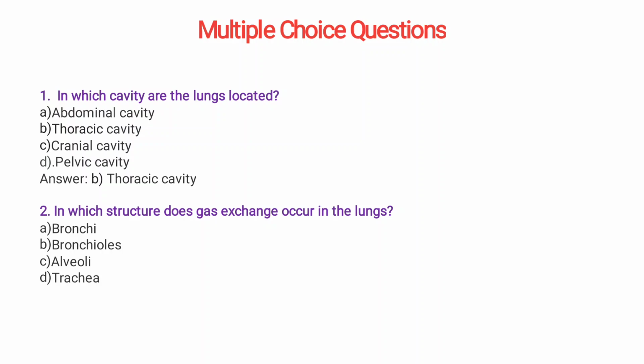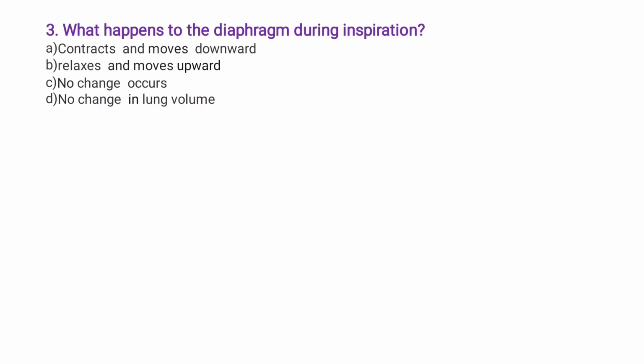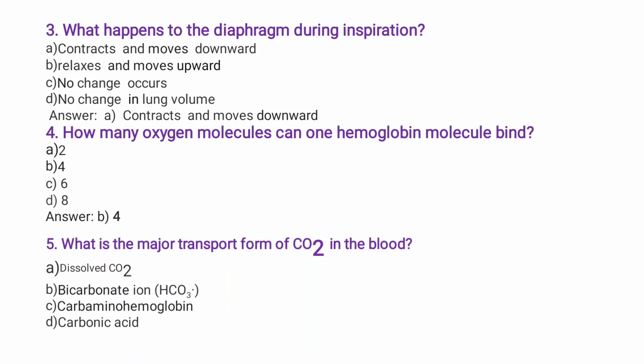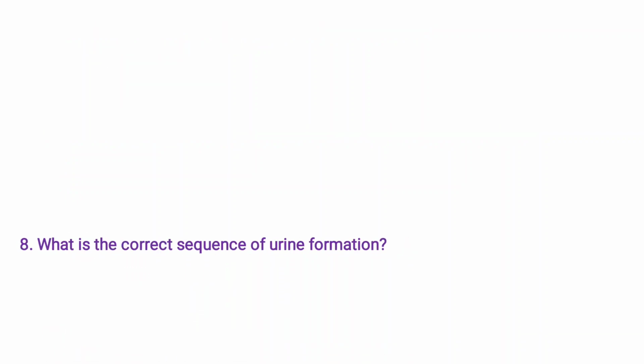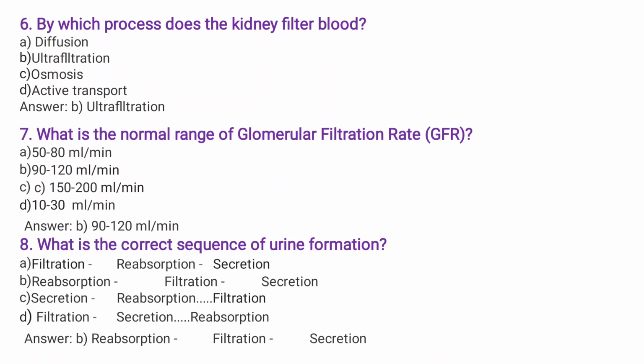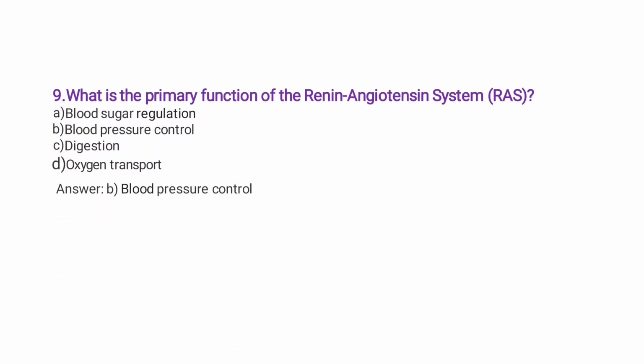In which structure does gas exchange occur in the lungs? Alveoli. What is the primary function of the renin-angiotensin system, RAS system? Control blood pressure.